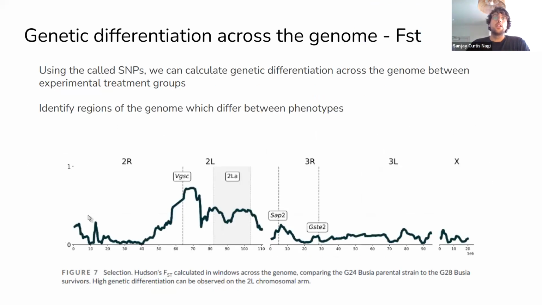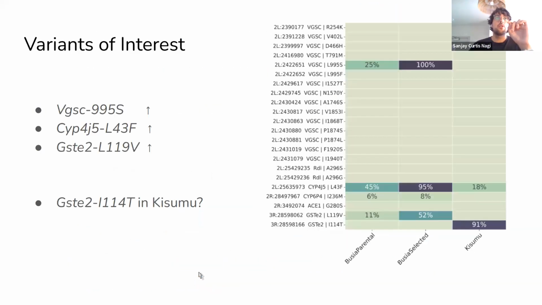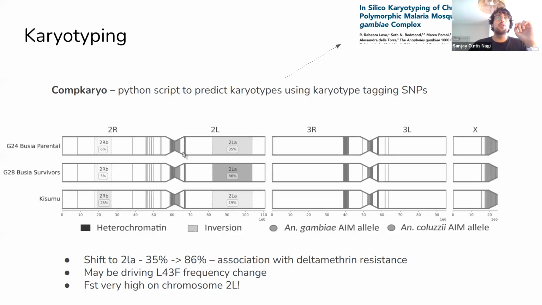If we go back, this is also capturing that effect, where the frequency of the inversion has changed a lot between these two strains. It's also worth noting that the CYP4J5 L43F marker actually sits within the inversion. So it could be that that marker is not necessarily important for resistance, but the reason it has changed is simply that the inversion has changed frequency.